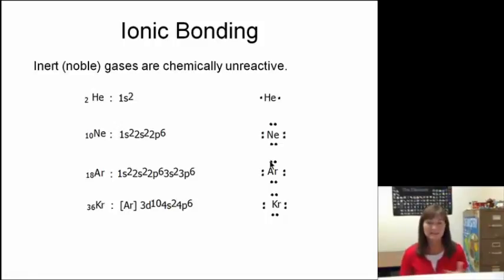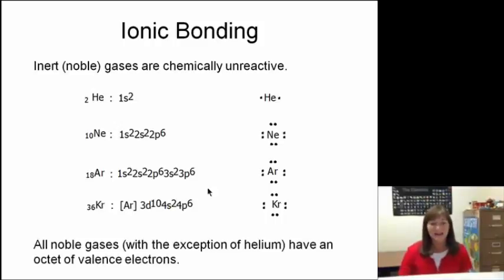So there's something special about the noble gases, which is why they get the word noble. It turns out that all the noble gases, with the exception of helium, have an octet of valence electrons. Now octet means 8. So if you look at the electron dot structure for neon, argon, and krypton, remember when you're doing the electron dot structures, you just put down the valence electrons.